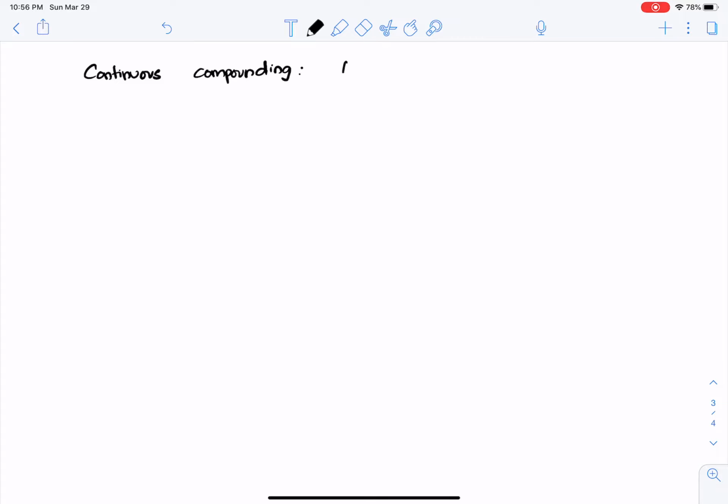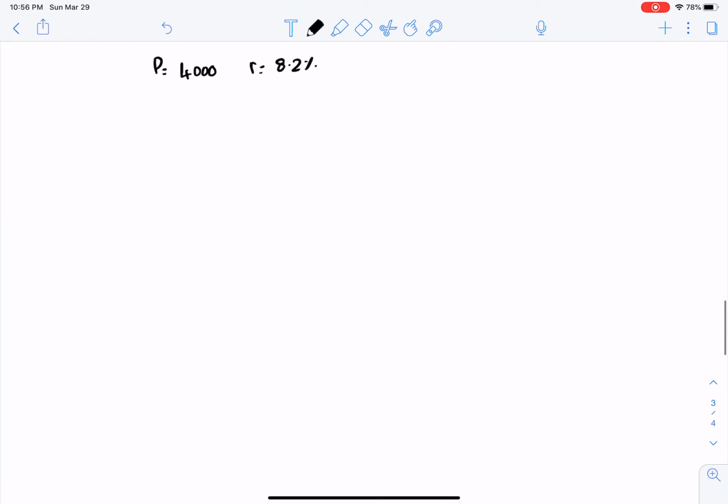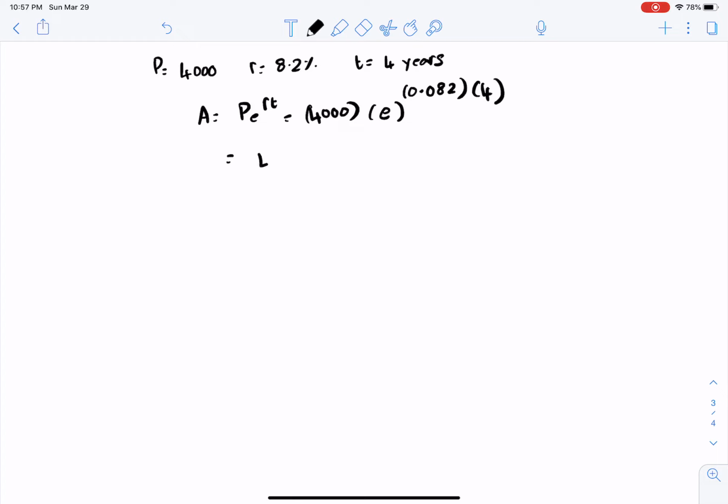The last case is 8.2% compounded continuously, so this would imply the formula is A equals P times e raised to rt. P is 4,000. The rate is 8.2% now. The time is still 4 years. Since we are compounding continuously, we have the formula Pe^rt. So 4,000 times e raised to 0.082, converting percent to a decimal, times 4.